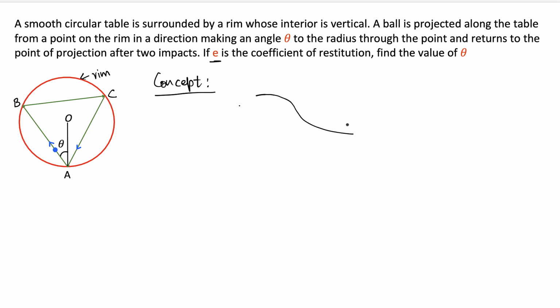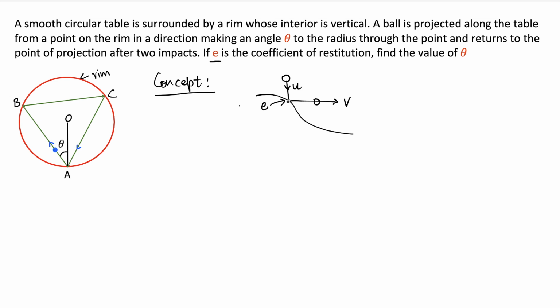And if I have some object striking the surface and then bouncing off, let's say with u as the initial velocity and v as the final velocity, and the given coefficient of restitution is E for the surface, then how do we relate v and u using E?